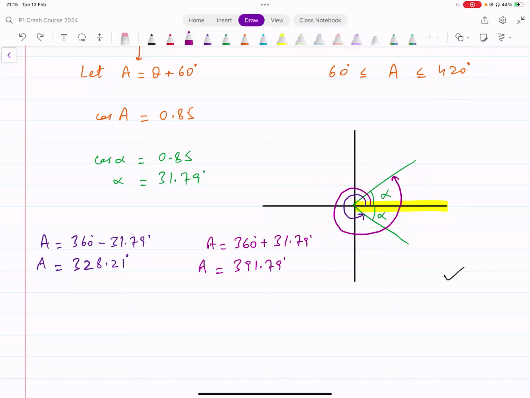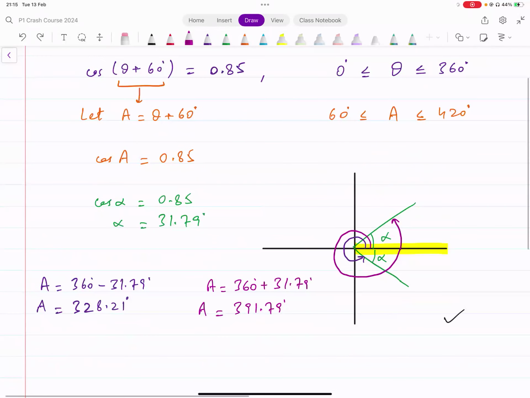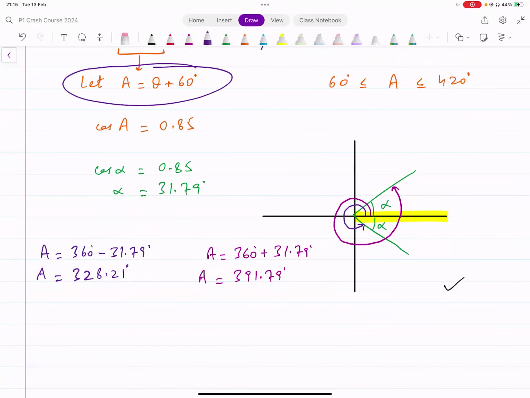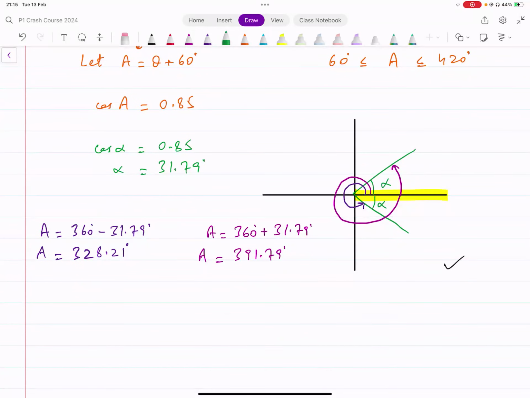Once you have found the values of A, now you put that substitution back. What was A supposed to be? A was supposed to be theta plus 60. So you say, okay, this is the value of A. What about the value of theta? If A is equal to this, that means theta plus 60 equals 328.21. And the value of theta turns out to be 268.2 from this.